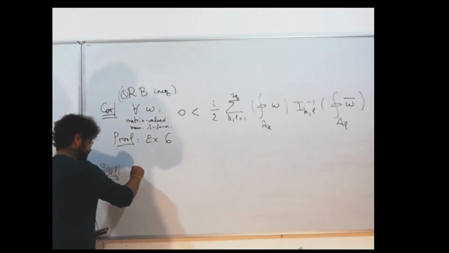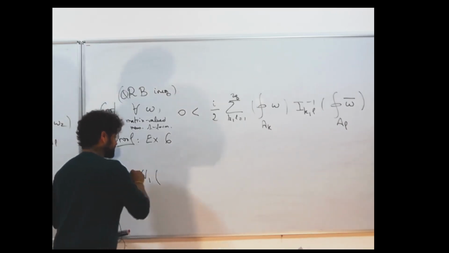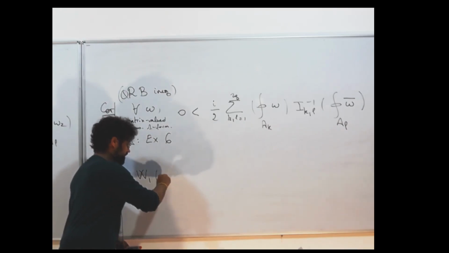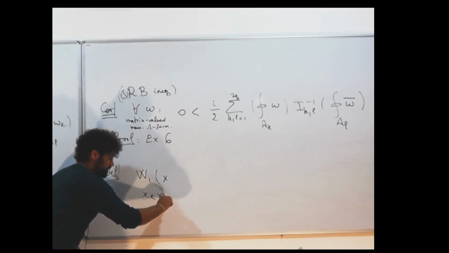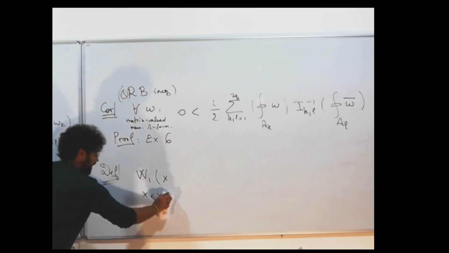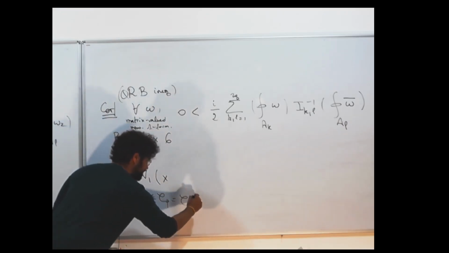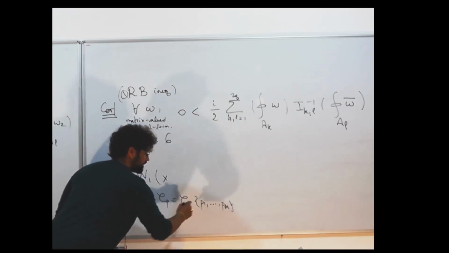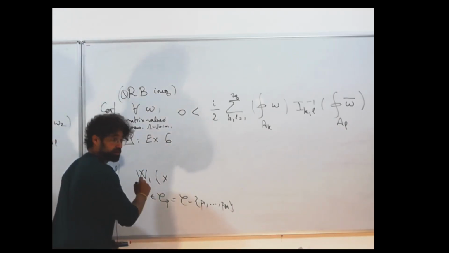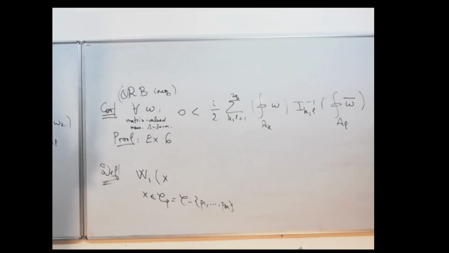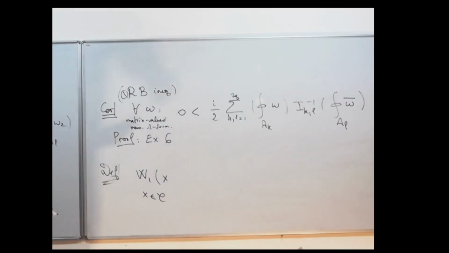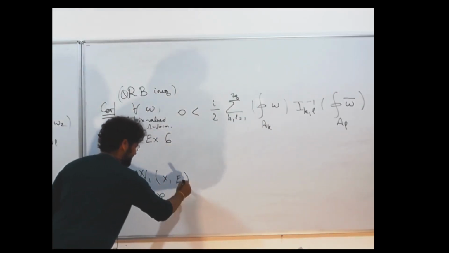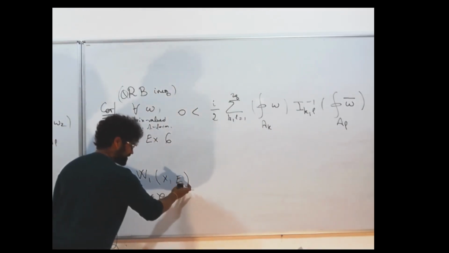And so we start with W1. W1 takes as input a point on C_P, which was C minus the poles of the differential system, comma E, where E is just a matrix.